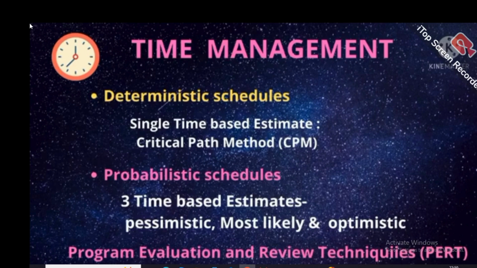The other one is the probabilistic schedule, where there are 3 time based estimates: pessimistic, most likely, and optimistic. Based on that, the estimated time is calculated, and there is a probability because the outcome is not known.